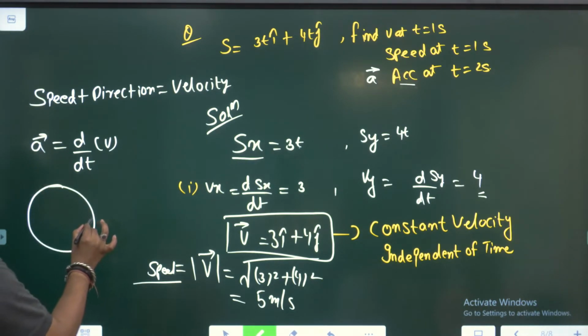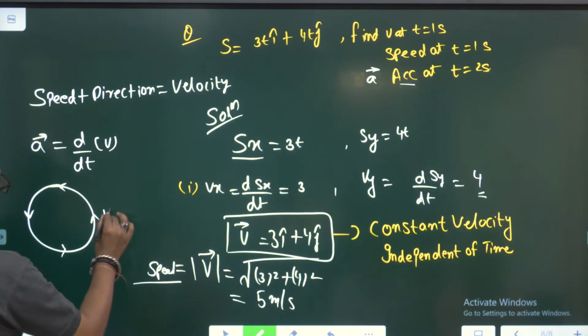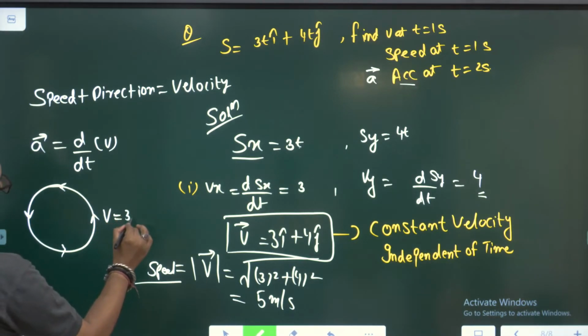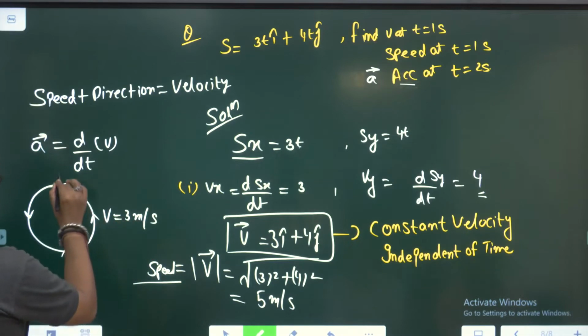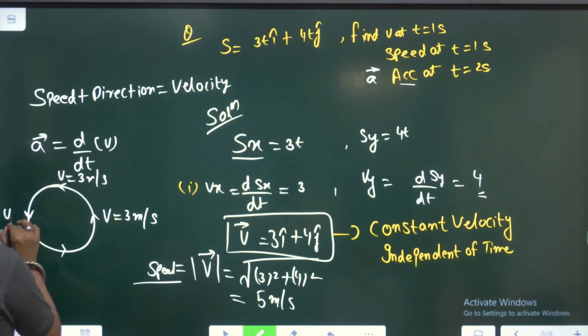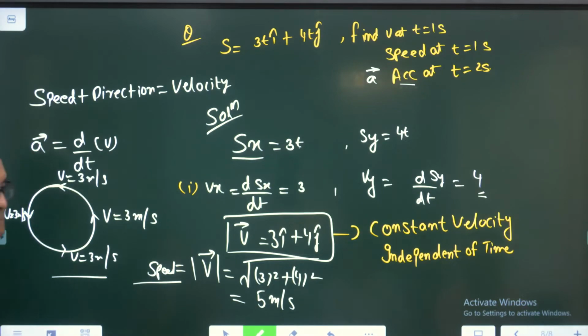if this is uniform circular motion, body is performing uniform circular motion. So always remember, magnitude of velocity will remain same at every instant. Here also, here also, here also. Magnitude of velocity will be same.